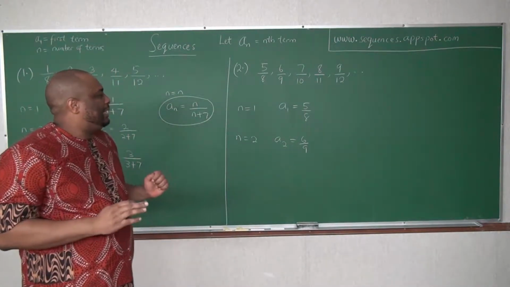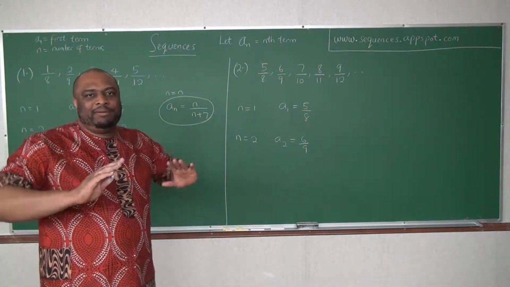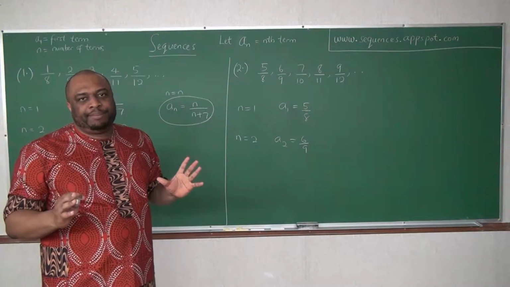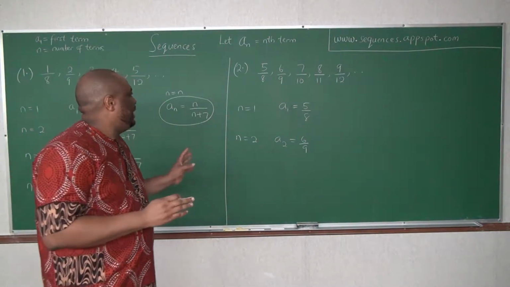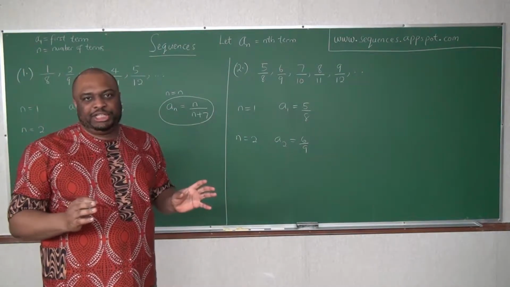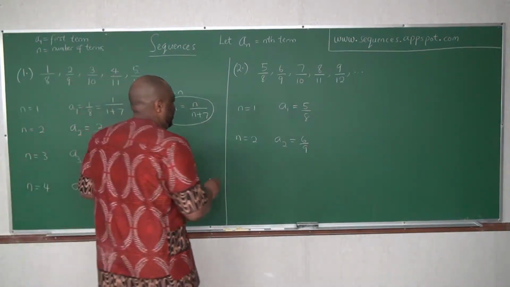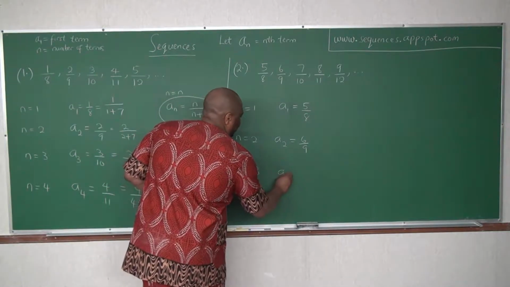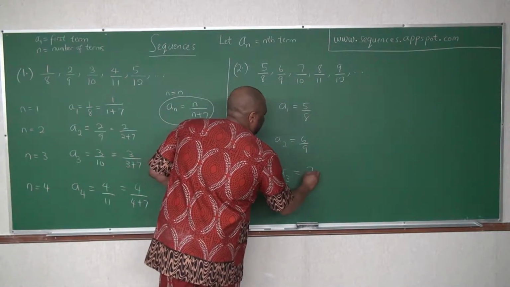Let's now see if there is a connection, a relationship. When n is 3, let's write at least 3 terms. a3 is 7 over 10.